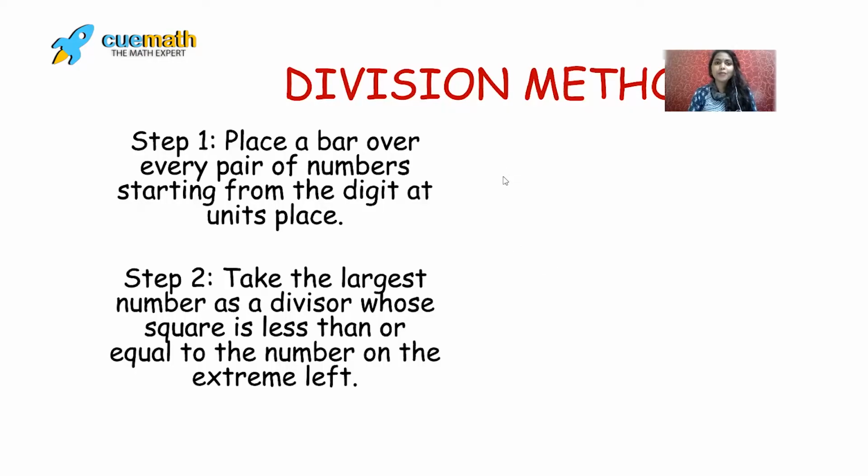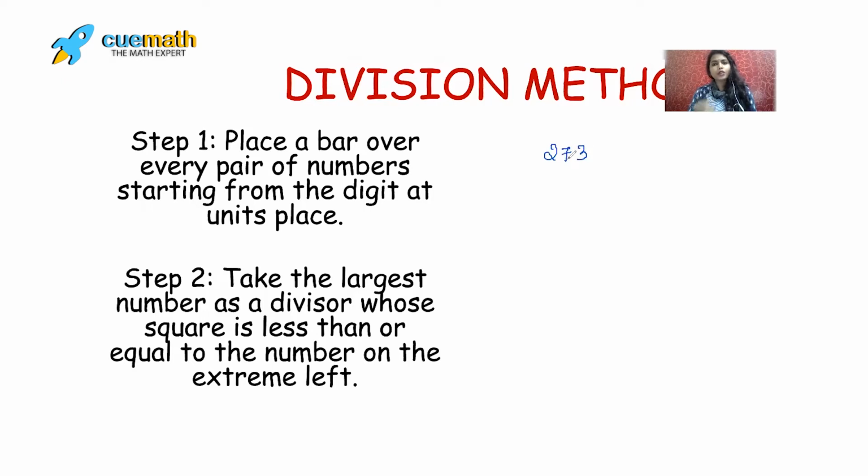There are certain steps involved in the long division method, and here we explain them to you one by one. Step 1. Place a bar over every pair of digits starting from the digit at the units place. For example, let's take a 3-digit number, 273.